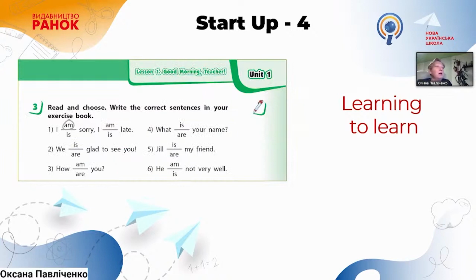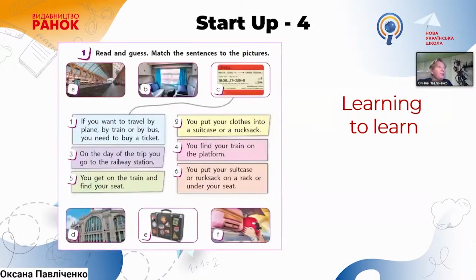Here is one more example where they need to make their choice and to use the ability to learn and to use the textbook as a source of information, because they can find some rules in the textbook. And once again, I like these types of exercises when you need to introduce some new vocabulary to your kids.